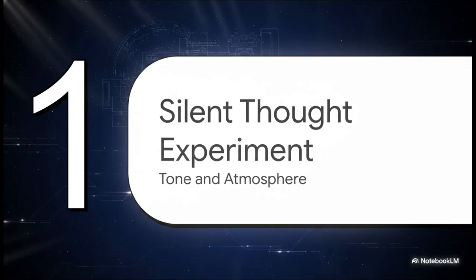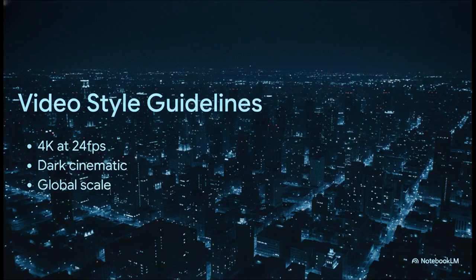All right, let's jump into Section 1, the silent thought experiment, defining the tone and atmosphere. So, to make a wild, impossible concept like global silence actually work on screen, your visual demands have to be incredibly precise. The blueprint lays out this very specific, dark aesthetic. Think Hollywood disaster documentary meets psychological thriller.